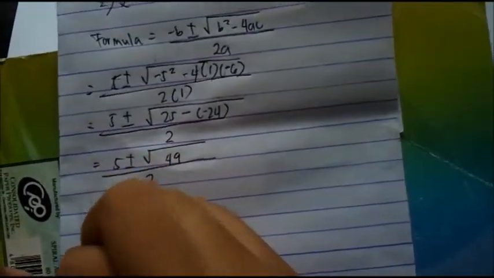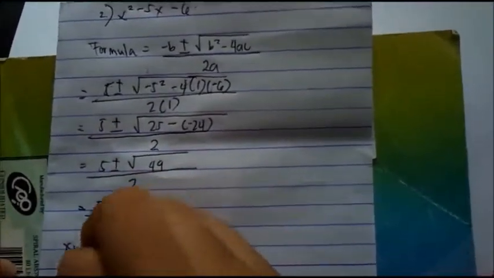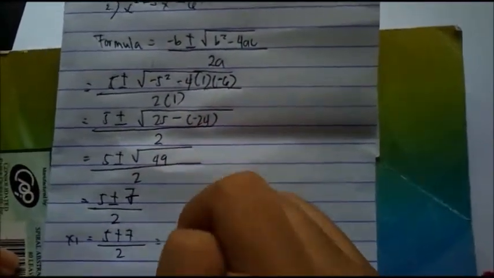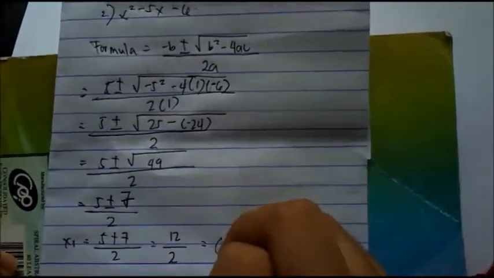For x1 equals 5 plus 7 over 2. 5 plus 7 equals 12. Then, copy the denominator. 12 divided by 2 is 6.